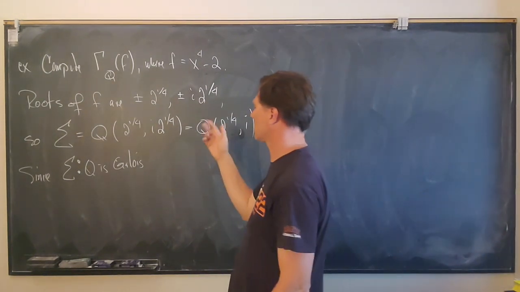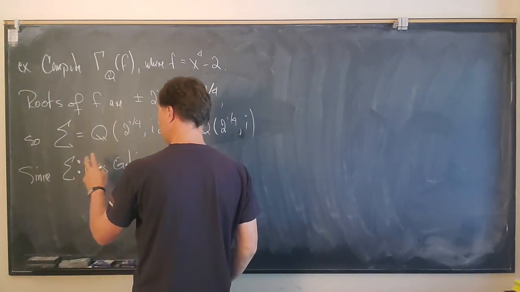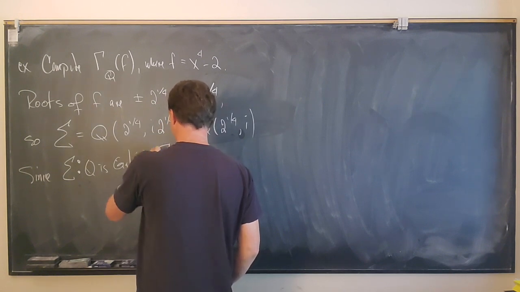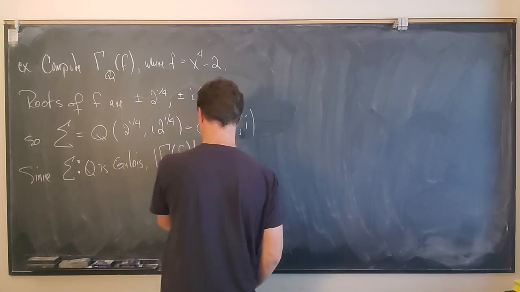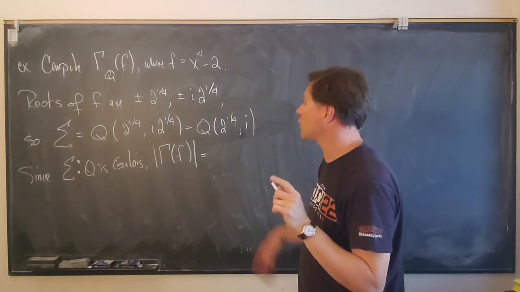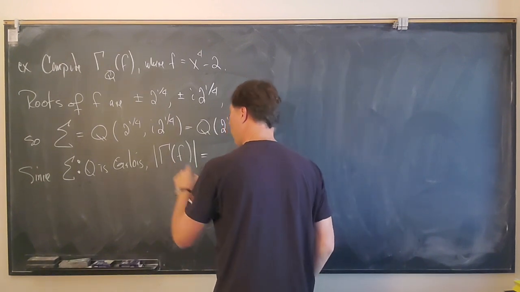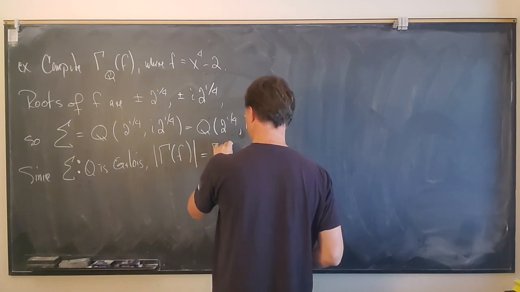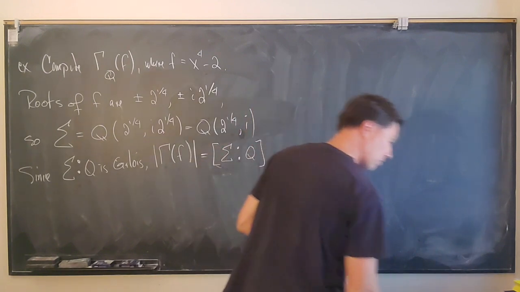So it is Galois. What this tells us is that the degree of the extension is going to match the order of the Galois group. So since it's Galois, the order of the Galois group is equal to the degree of the extension sigma over Q.